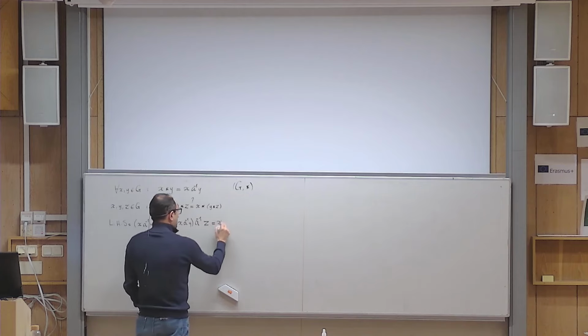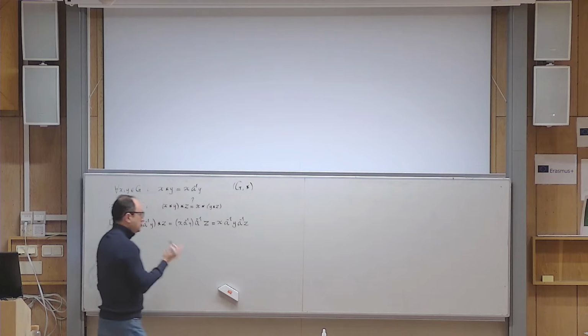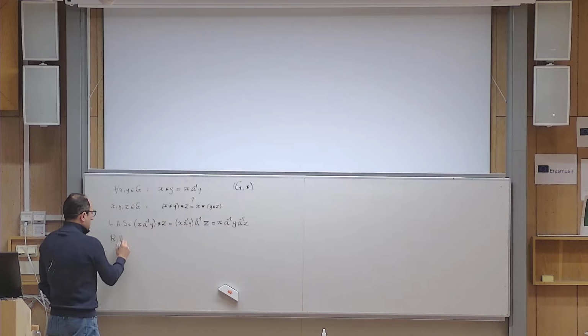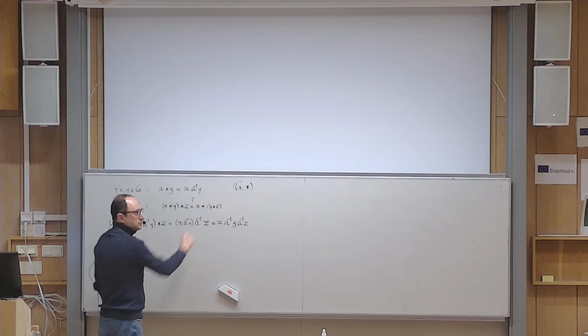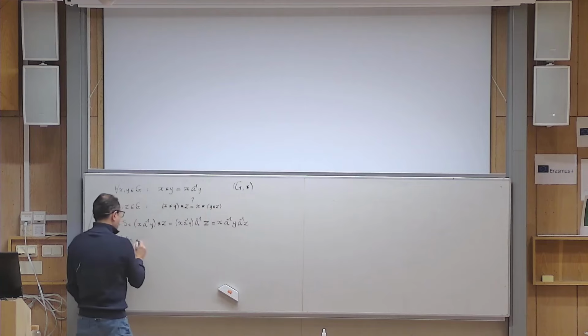So let me remove them. So it becomes x A inverse y A inverse z. This is the result of the left-hand side, but let me also do the right-hand side. On the right-hand side, the pair of brackets is around this pair, so this will prioritize this binary operation. So for the time being, I copy and paste that part.